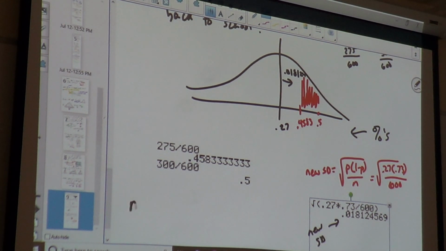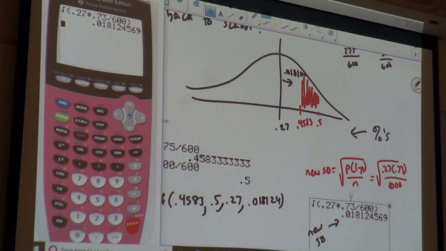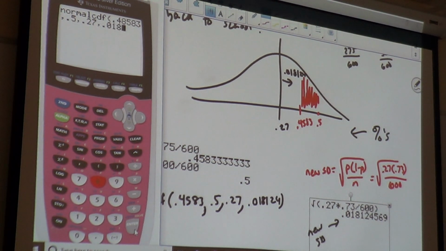So now when I do normal CDF, it's where shade begins, where shade ends, my mean and my standard deviation. So I type it in: second VARS, normal CDF, 0.4583, comma, 0.5, comma, 0.27, comma, 0.018124.